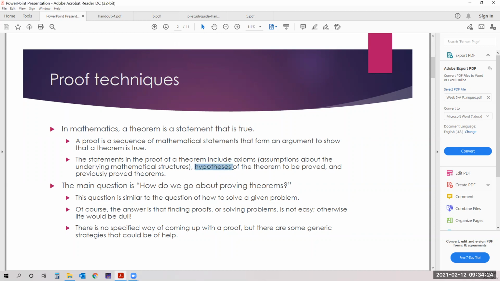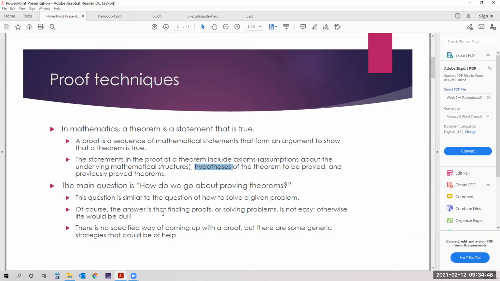The hypothesis of the theorem to be proved and previously proved theorems. Sometimes we use something we proved before as a part of our new proof for our new problem. The main question is, how do we go about proving theorems? This question is similar to the question of how to solve a given problem.